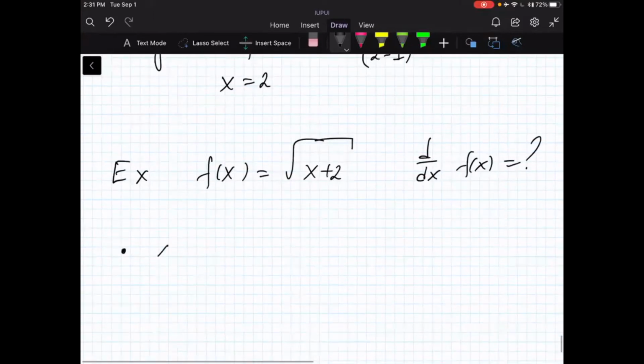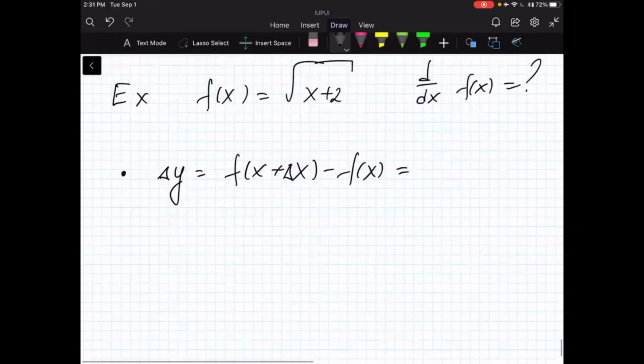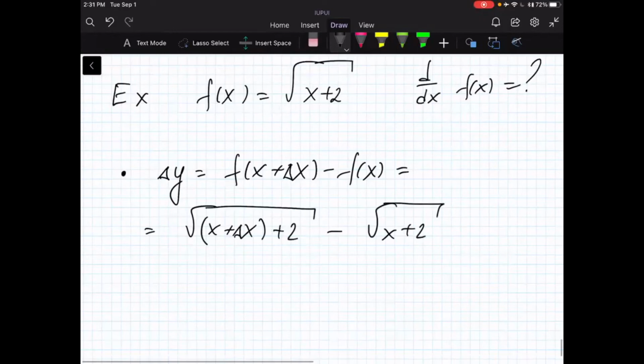Okay, so again, let's consider delta y, which is f of x plus delta x minus f of x. And again, it is square root of x plus delta x plus 2 minus square root of x plus 2. So again, we cannot cancel something because there is no such rule for the square roots, but that's fine.